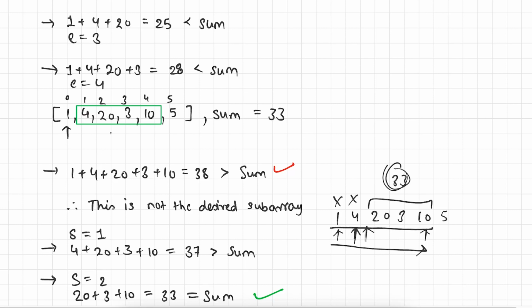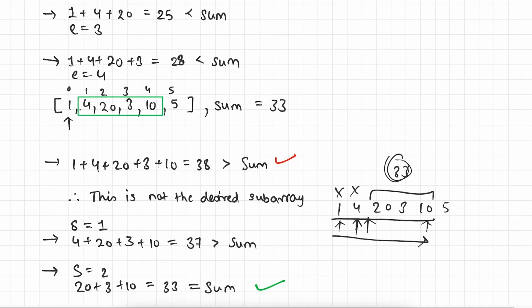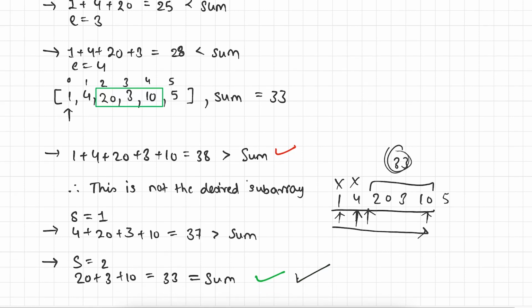So we are going to again shrink the window size by 1, like this, and there we go. Again we calculate the sum of these elements: 20 plus 3 plus 10. This time you can see that we finally got 33, which is exactly equal to the sum. So this is the point where we need to stop and return true. This means we have successfully found a subarray whose sum of elements is exactly equal to 33.